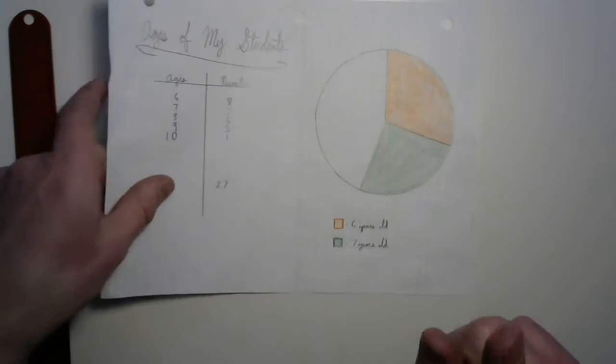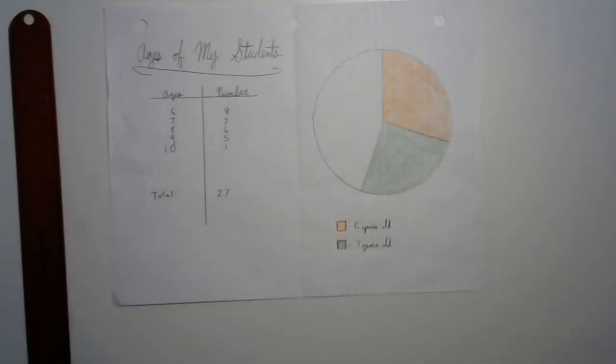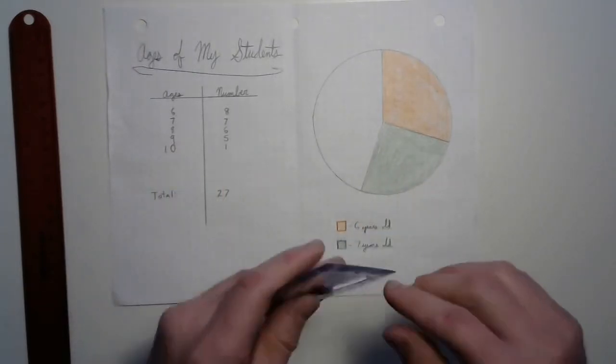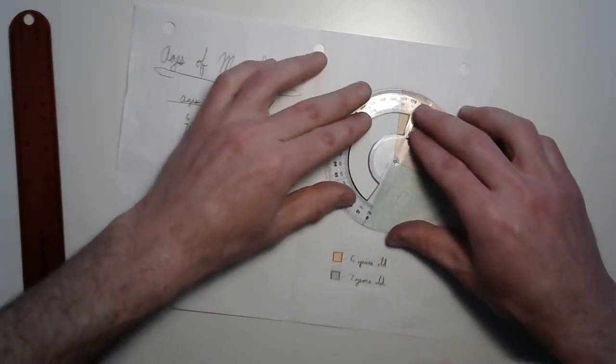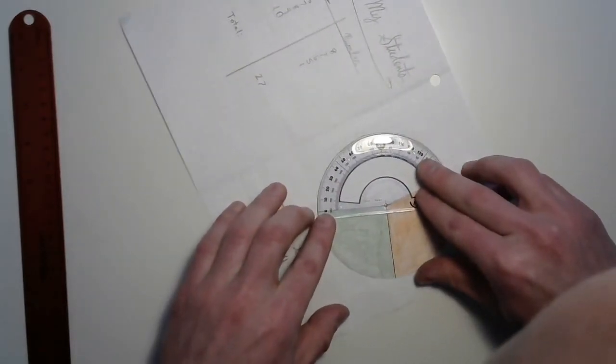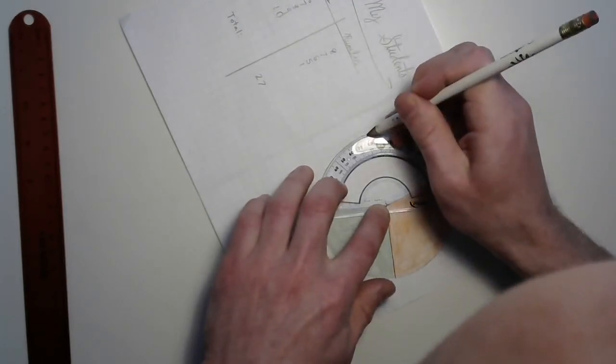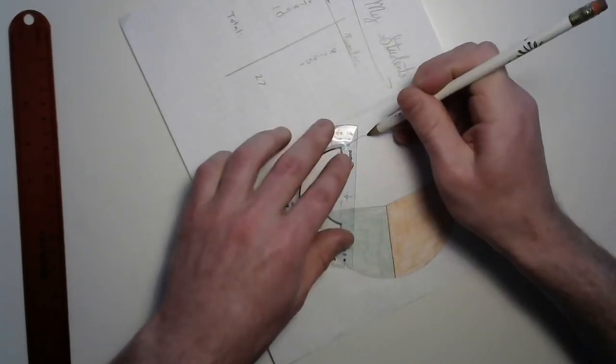Our next group is of 6 students, so we need to multiply that by 13.3, and we get just under 80. Bring my protractor back out and measure that angle. Just under 80. There we are.